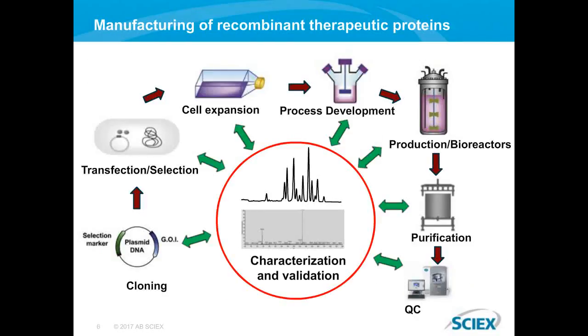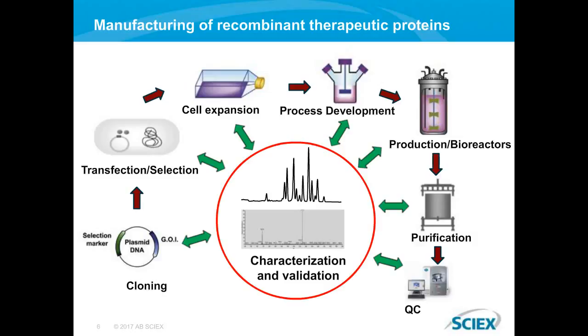During the manufacturing process of these recombinant therapeutic proteins, mostly IgG molecules, during the clone selection, it's very important that we understand that the glycosylation is such as what we would like to have in the end product. And the clone selection is a large-scale, high-throughput methodology. Hundreds of samples should be analyzed in a very, very short period of time.